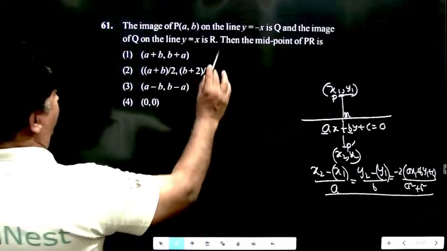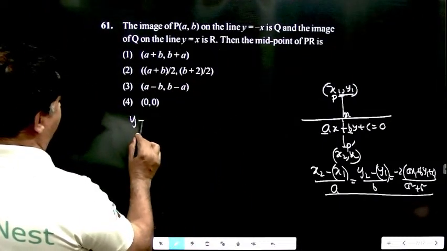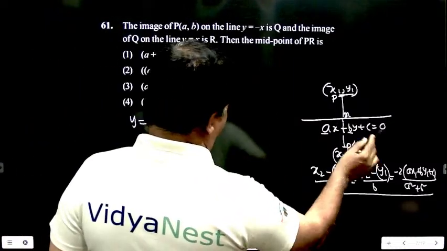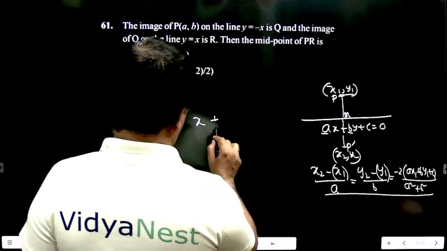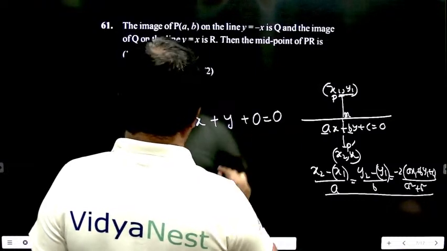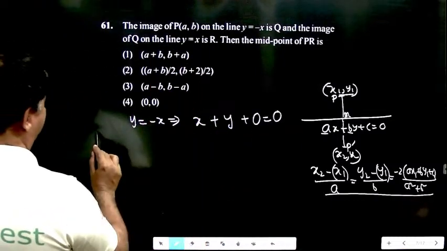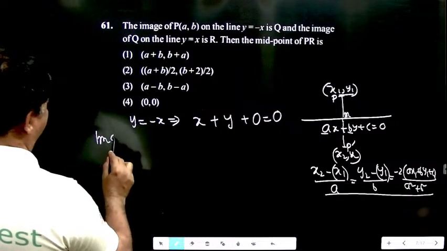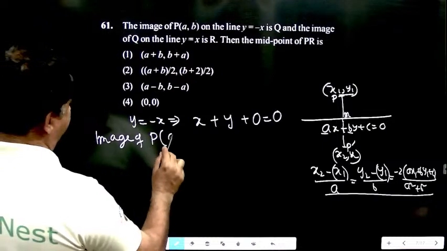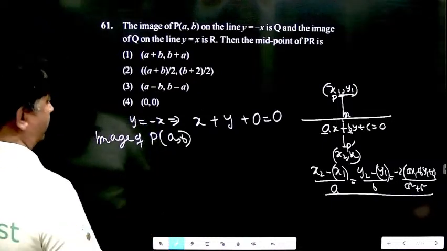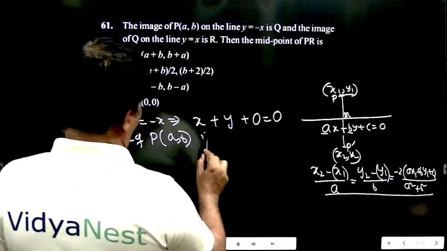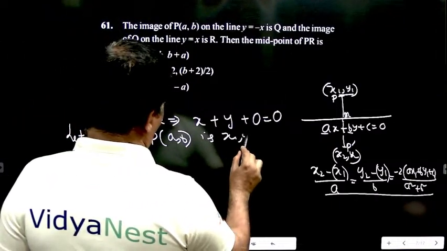See, first of all, the line is y is equal to minus x. So you rewrite the line in terms of this. Now let the image of P be x1, y1.